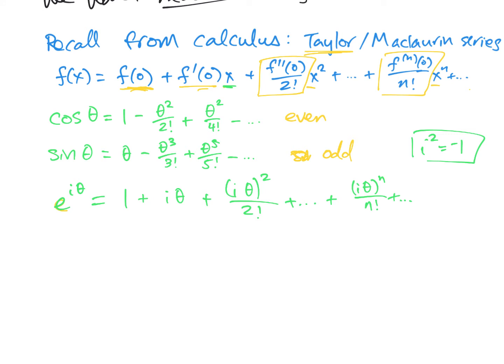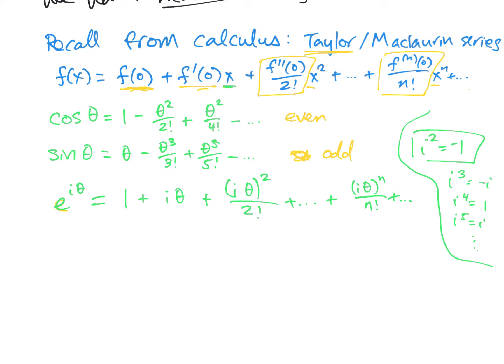Now, remember that i cubed is going to be -i, and i to the 4th is +1. i to the 5th equals i, and so forth.